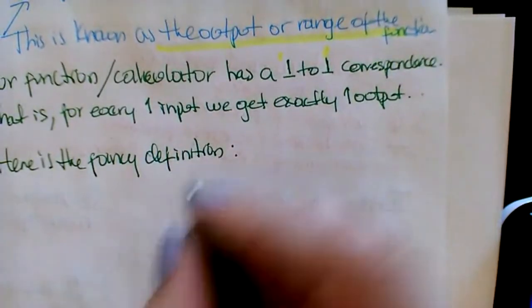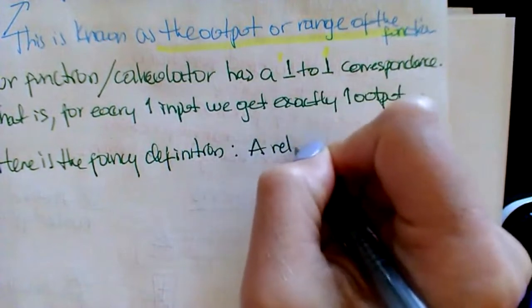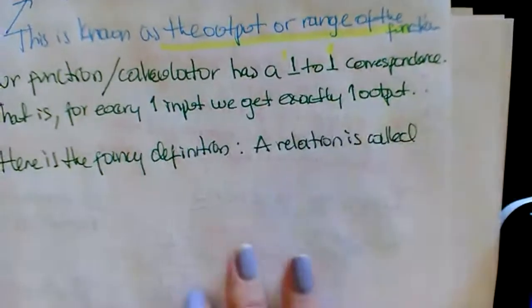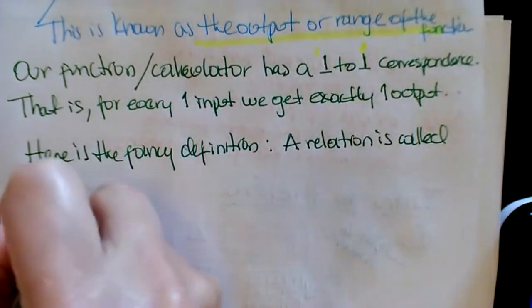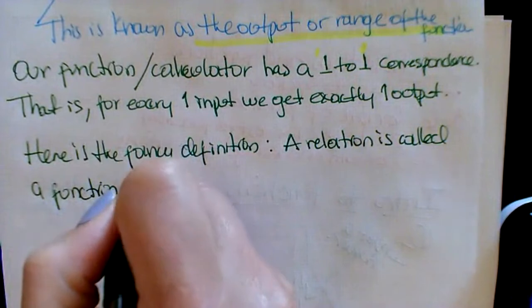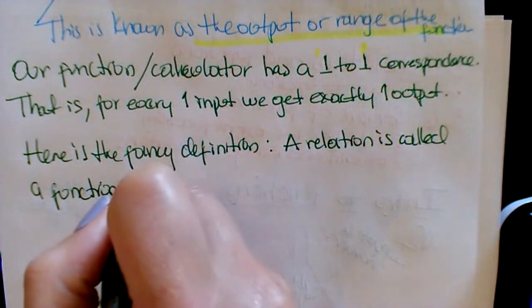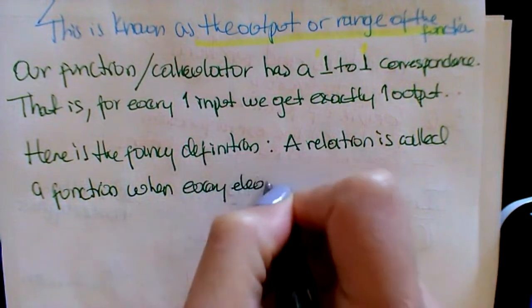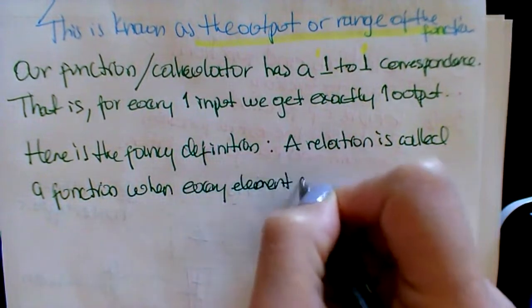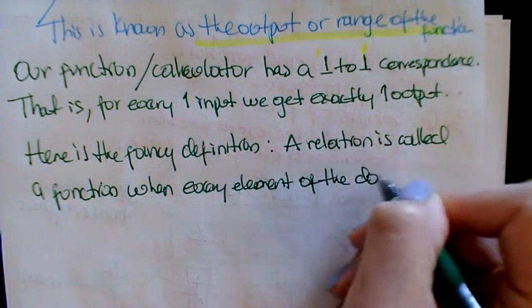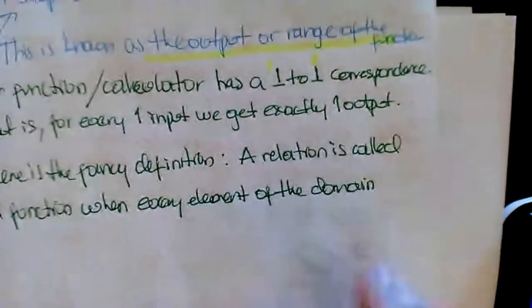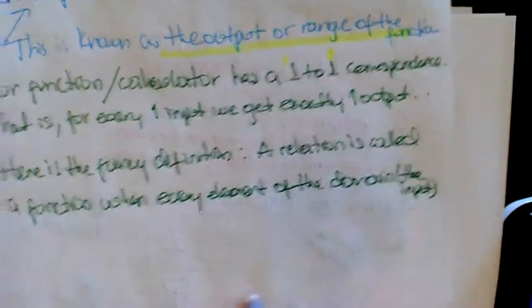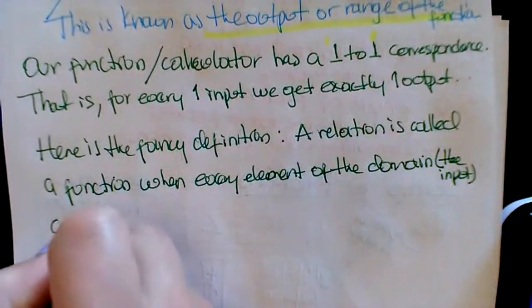It says a relation is called a function when every element of the domain, and the domain is what? The input.